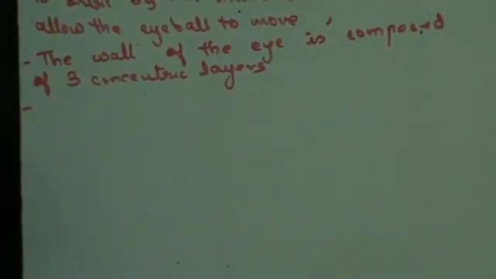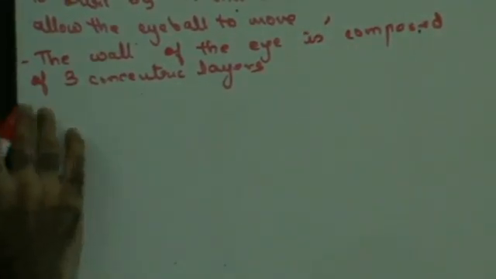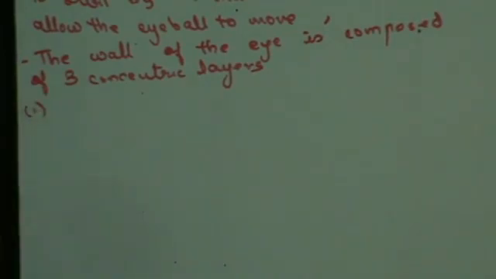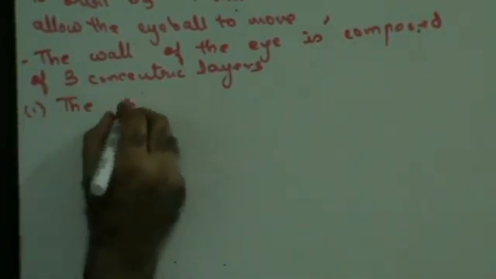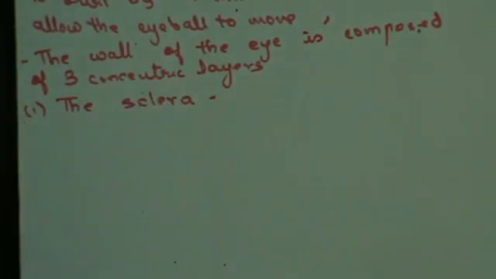Now, what are the 3 layers? The first layer is the sclera. It is a tough non-elastic fibrous coat around the eyeball. That's the outermost covering of the eye.